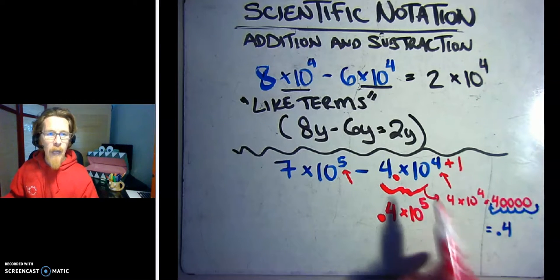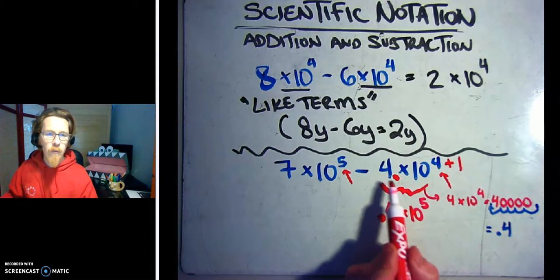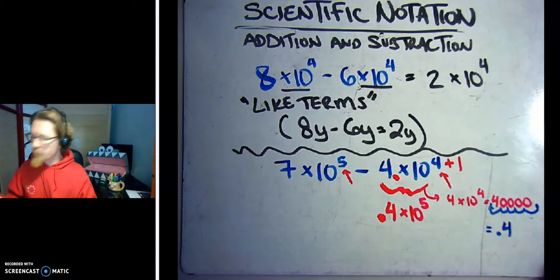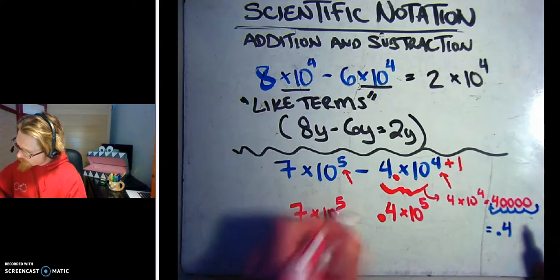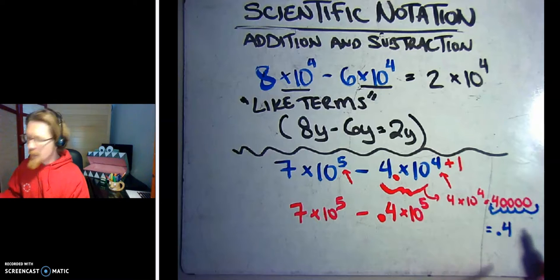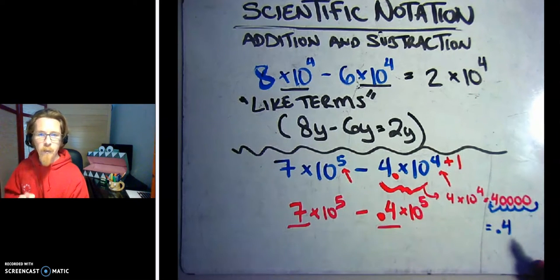So because we added a power of 10, we moved the decimal to the left to compensate for that extra power. Now I can take 7 times 10 to the fifth minus 0.4 times 10 to the fifth, and I can treat these sort of like coefficients of like terms.